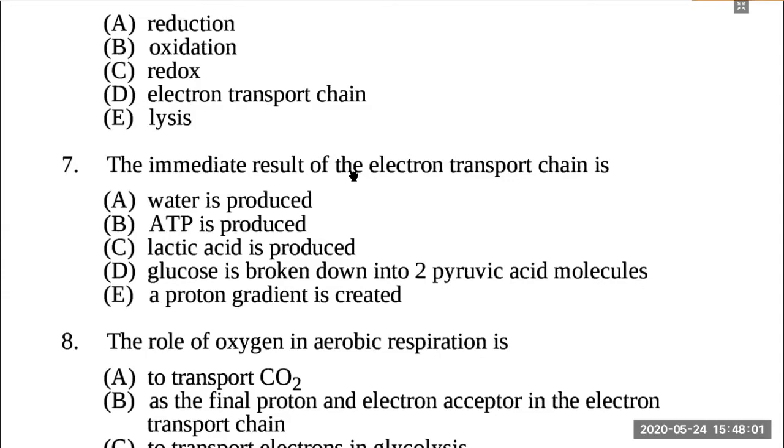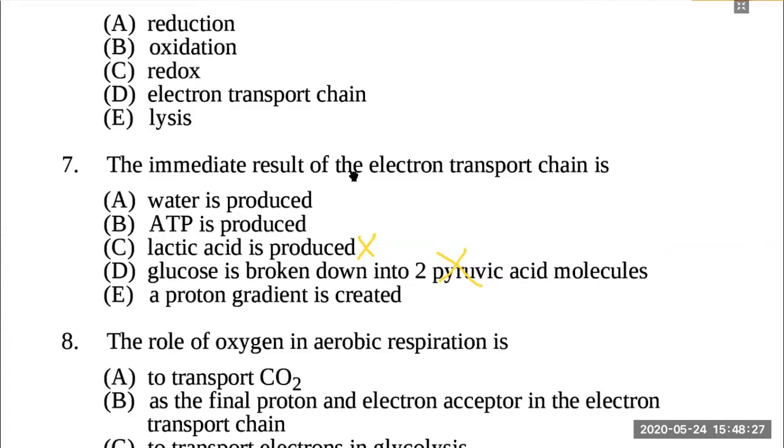We know that lactic acid will be produced during fermentation, so this is not the answer. Glucose is broken down into two pyruvic acid molecules is not related to the electron transport chain; it is happening during the glycolysis process.